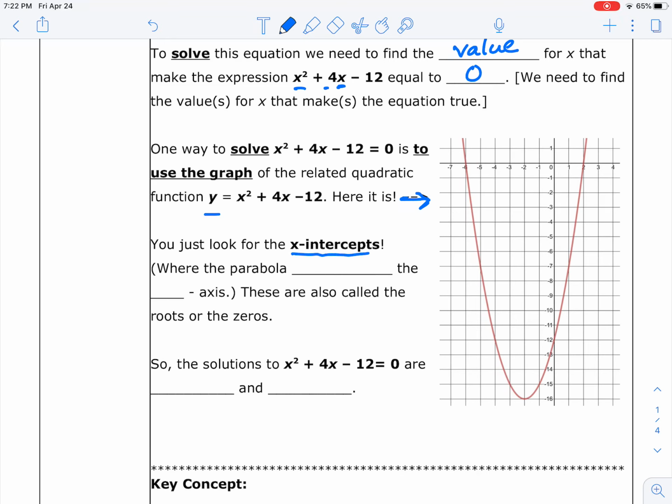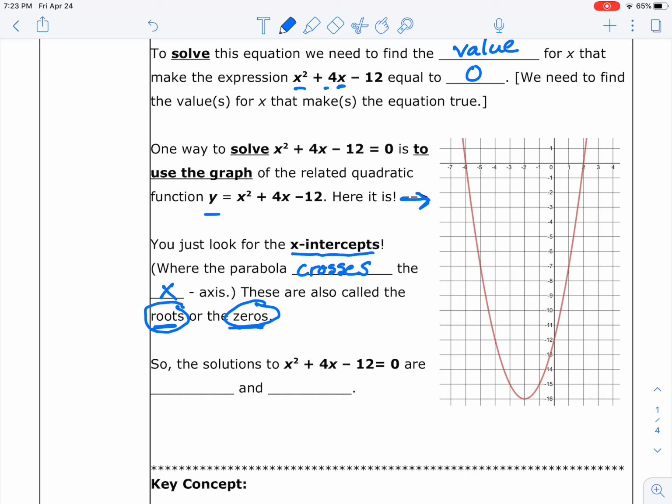We're talking about solving, really what we're talking about is finding the x-intercepts. And so where the parabola crosses or intersects or intercepts the x-axis is where the solutions are. And these are also known as the roots or zeros. So sometimes we use these terms, the solutions or the roots or the zeros of the equation.